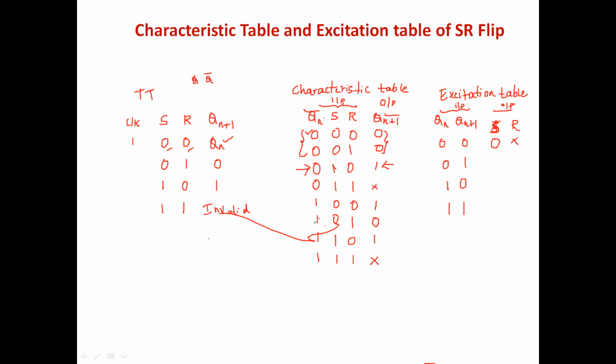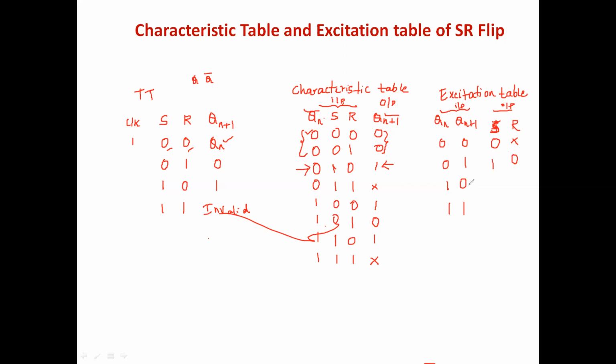No. You should check in the table whether any other values are having 0 and 1 for Qn and Qn plus 1 respectively. I don't think I'm finding any values. So for 0 and 1, the combination of input is S is equal to 1 and R is equal to 0.